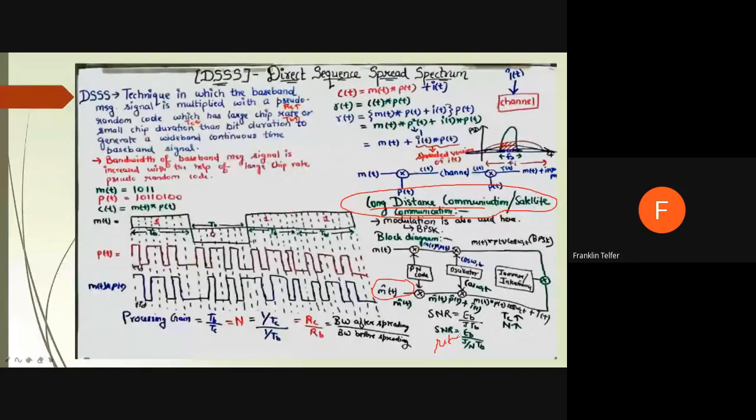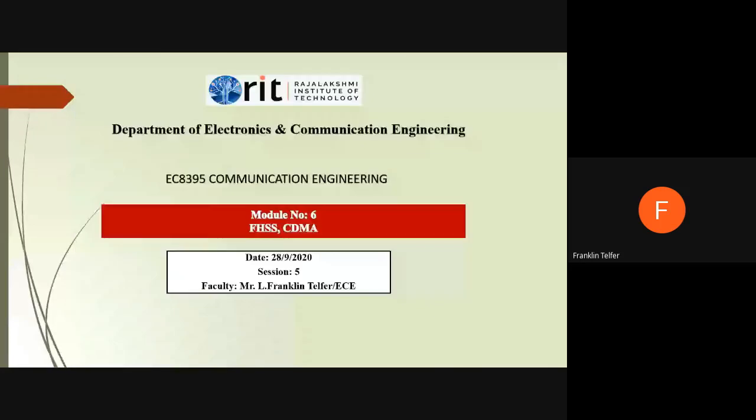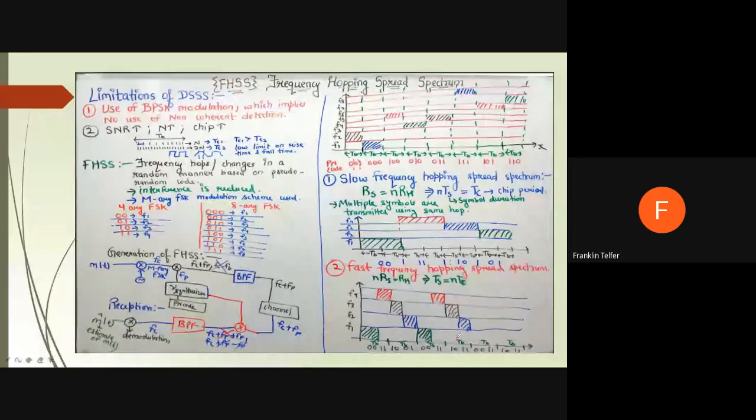and make sure the recipient receives the full data bit. So here coming on to the frequency hopping spectrum, here we will see limitations of DSSS. So here what happens is the use of BPSK modulation. So there is no need of non-coherent detection schemes in the DSSS.